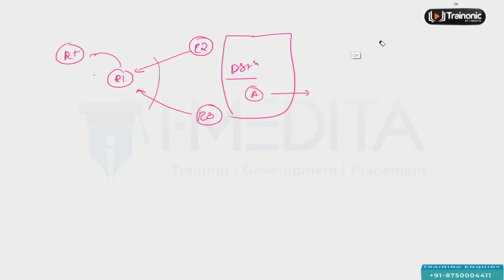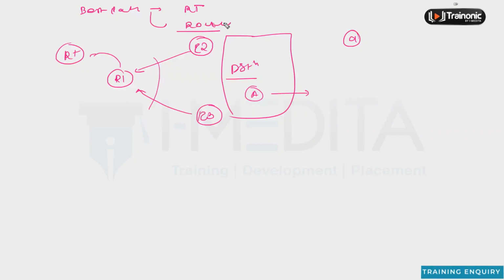First, let's talk about which path will become the best path and gets installed in the routing table, not the best path to route the traffic. These are two different things. Don't get confused with them. We are talking about this at the moment.